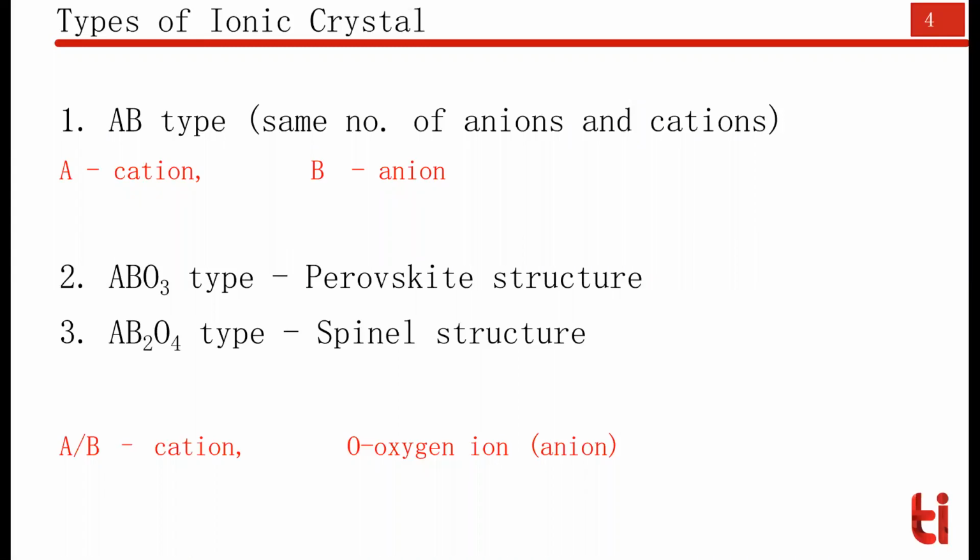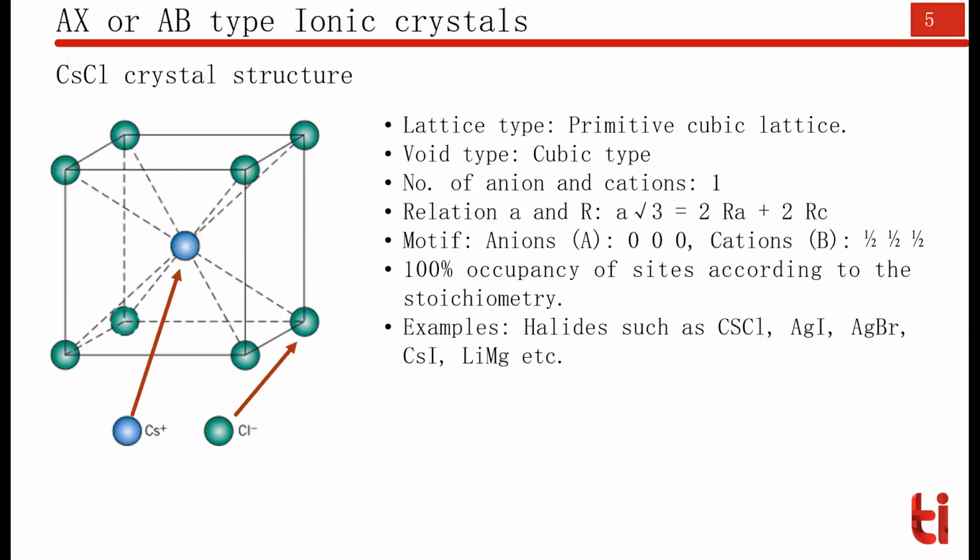Right? So let's take examples of each of these three different ionic crystal types. The first type of structure, which is called AB type structure, some literature also refers to as AX type structure.